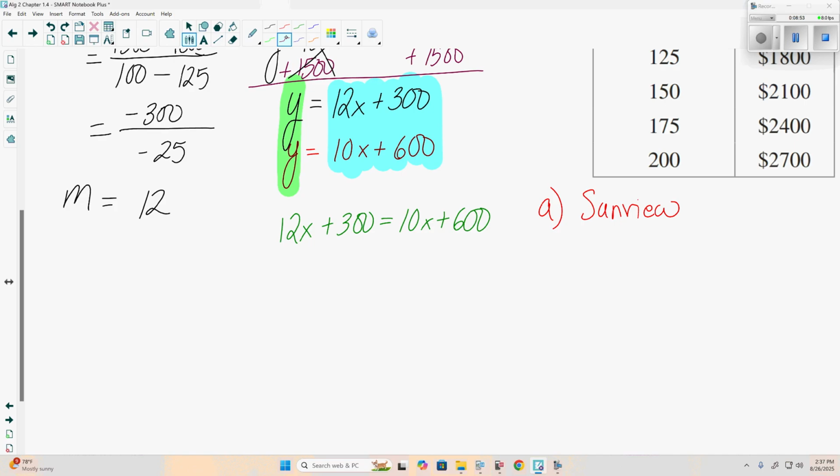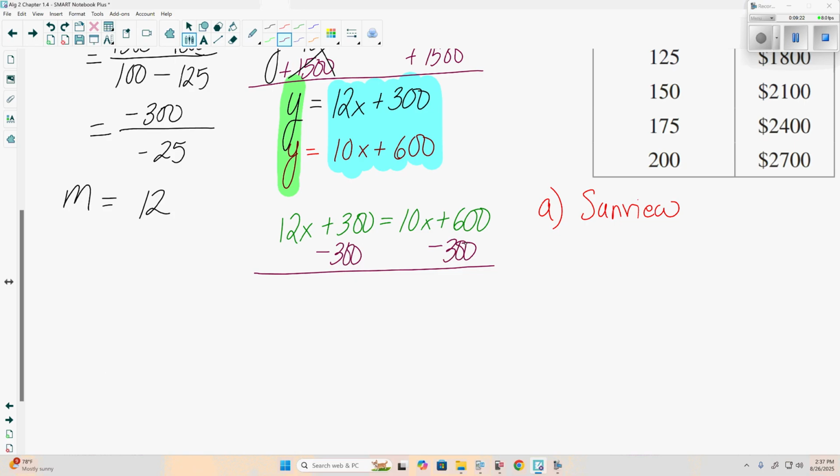Now, what do we need to do first to solve for x? We can subtract 300. Now, that's not the only first step we could have done. We could have also subtracted 600 from both sides. That would have worked, yes?